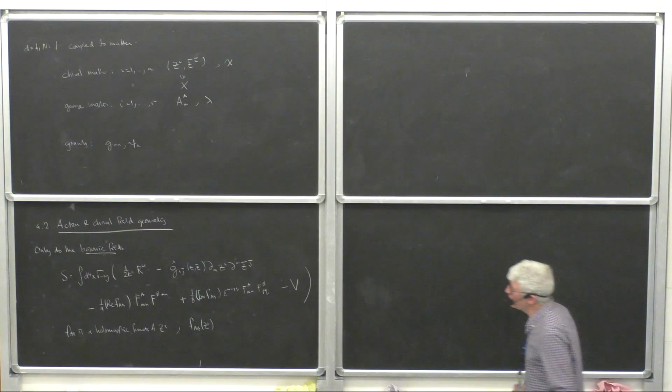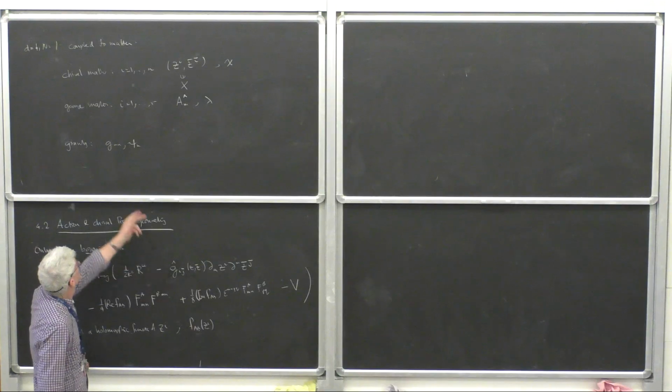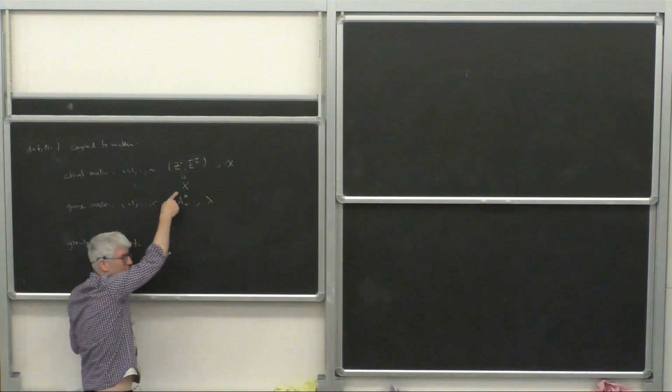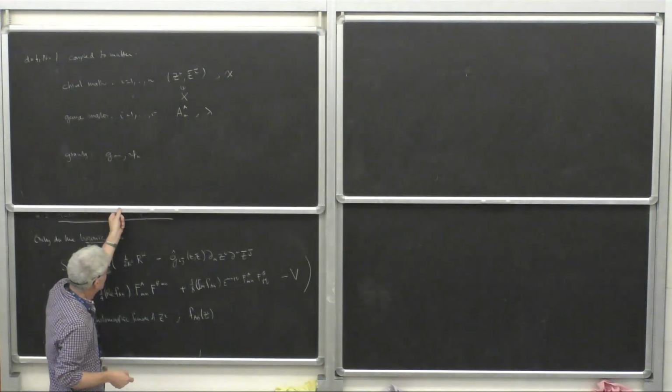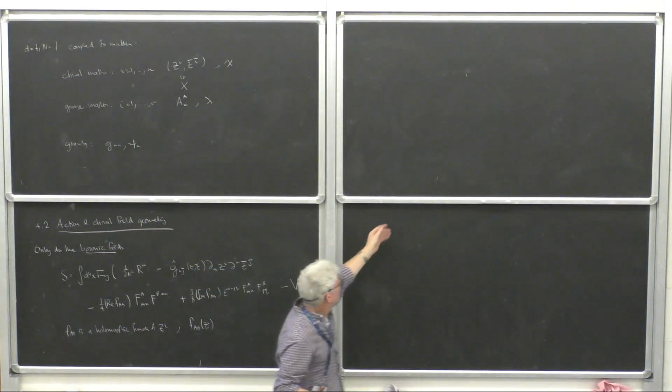You should think of this as going to look like a metric on this field space. If I think of the z's as coordinates, this is like a metric on that space.